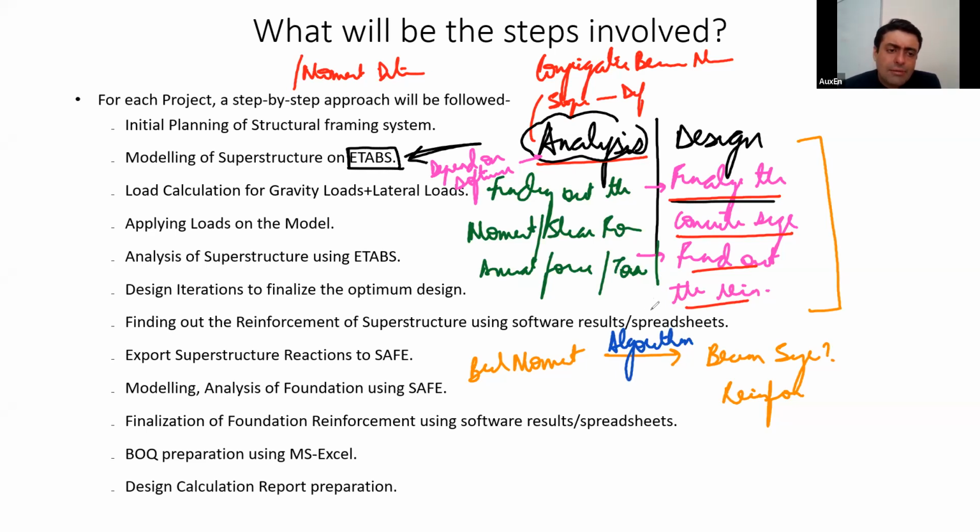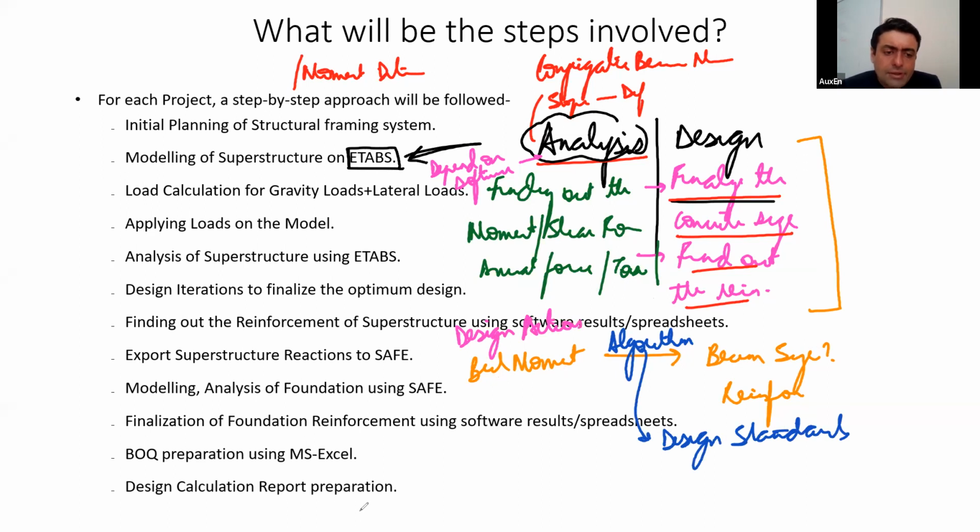We will have to follow some standards. Generally we will have some design standards that give us the algorithms to find out the reinforcements or the beam size, etc., from these design actions. You will see the codes and the textbooks calling them design actions.